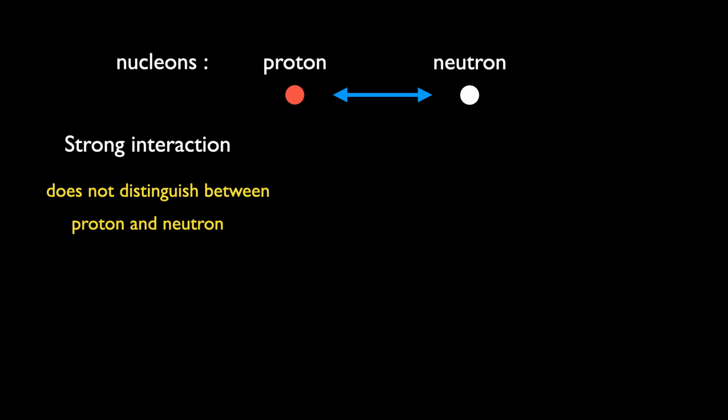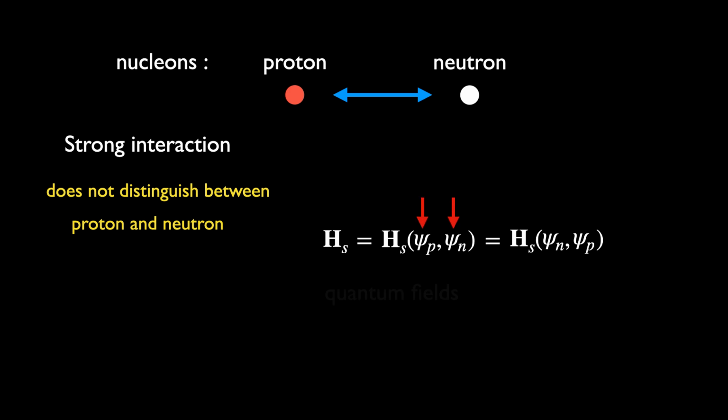To be more precise, let's express this symmetry in terms of the symmetry of the strong Hamiltonian. The fundamental degrees of freedom of the proton and the neutron are themselves represented by operators known as quantum fields. All the observables of these two particles can be constructed out of these fields.